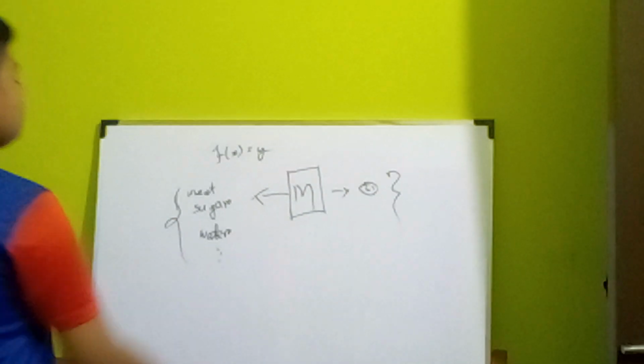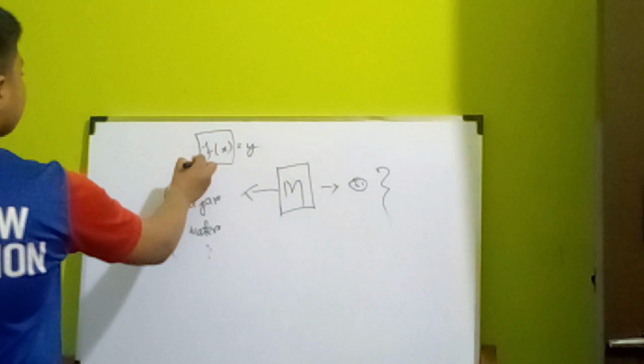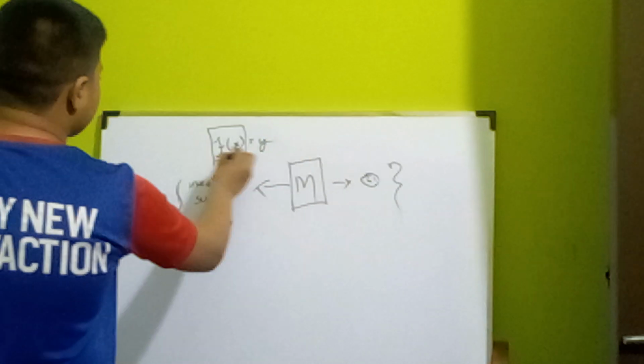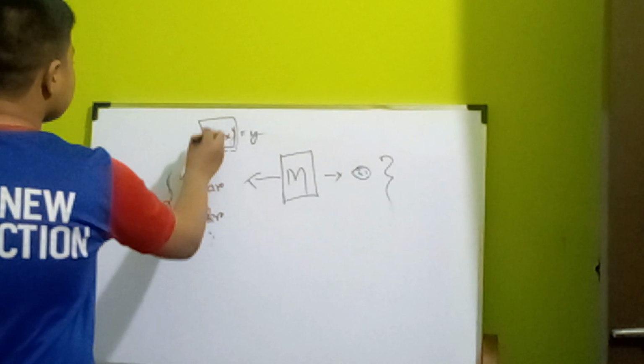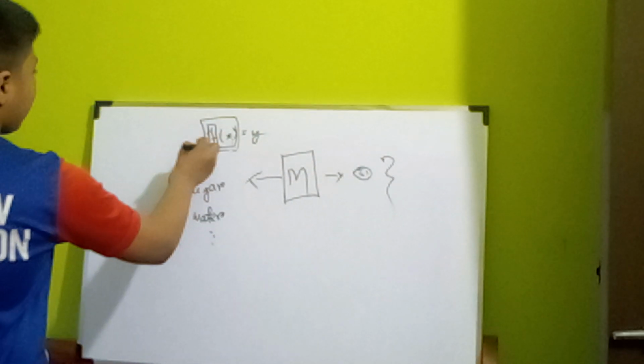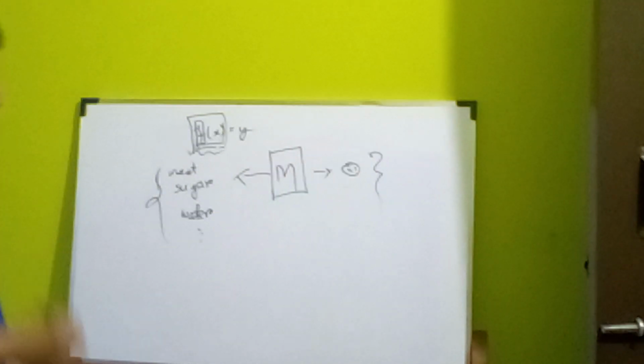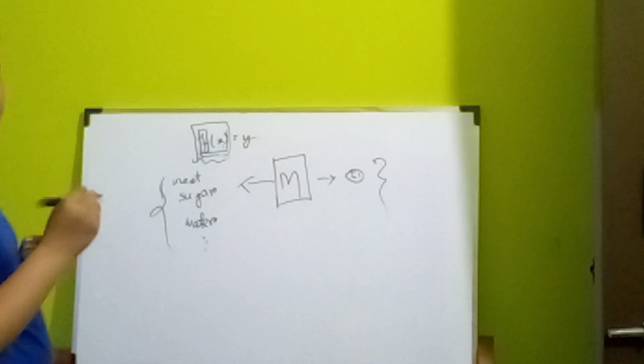A function is usually defined as f of x. Here x is the input, f is the whole machine, and f of x is the total output. And this machine always needs an instruction.